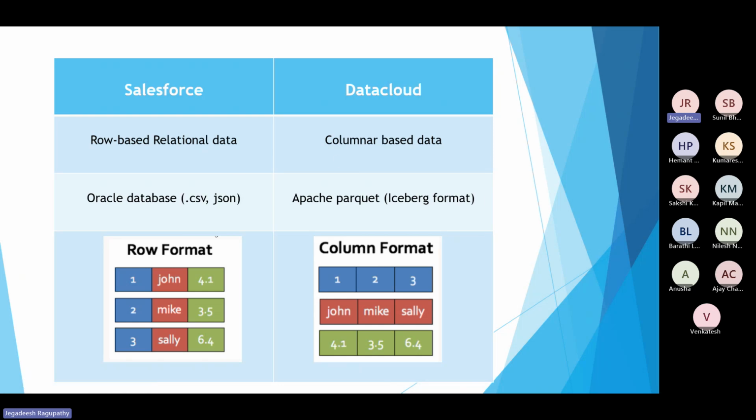We all think Data Cloud is built on top of Salesforce, but there is a fundamental difference in how the data is stored across the databases running behind Salesforce. Okay, do you have any questions?